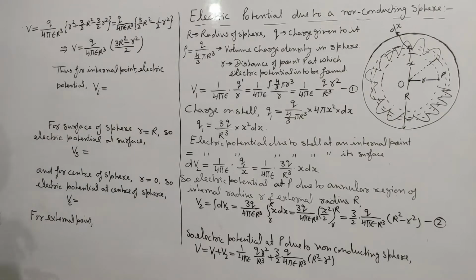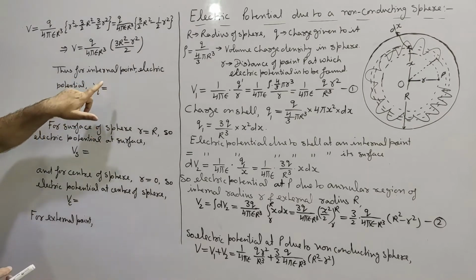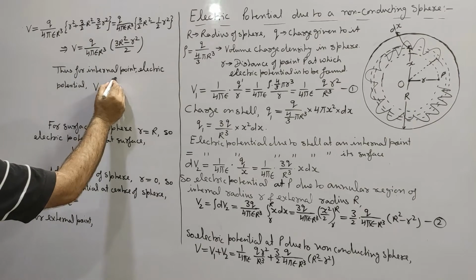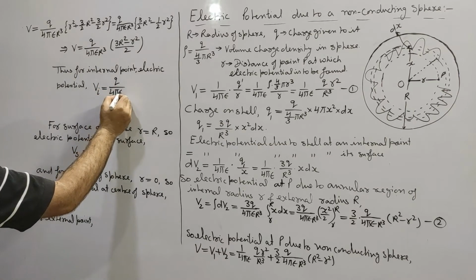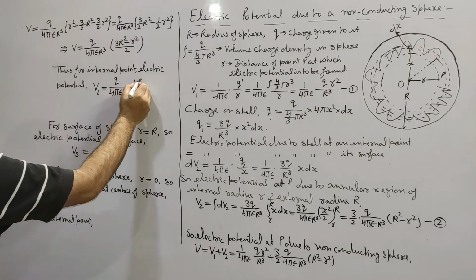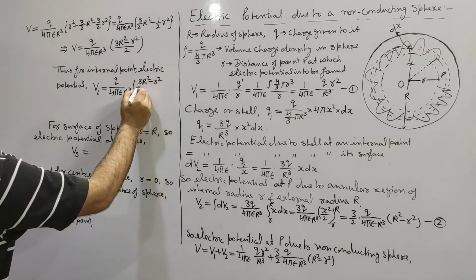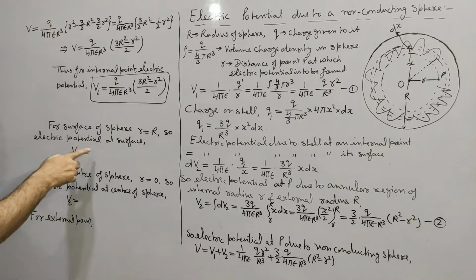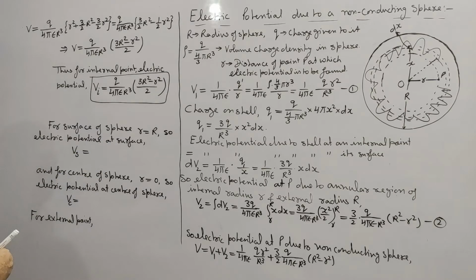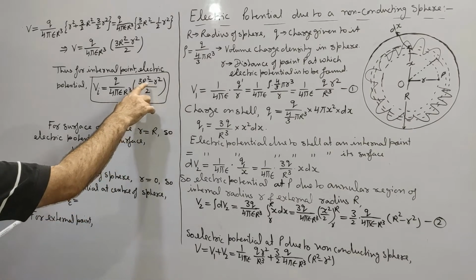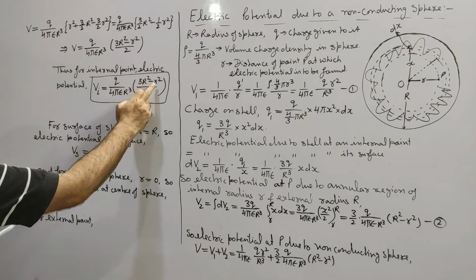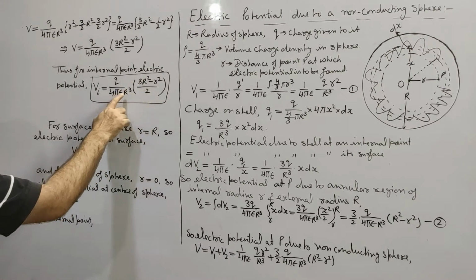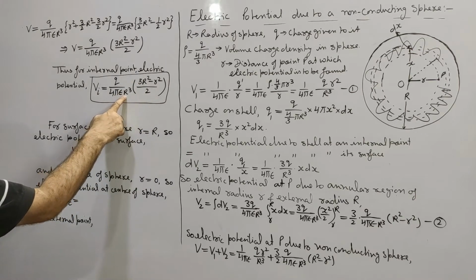So the electric potential at an internal point due to a non-conducting sphere, Vi, can be written as Q upon 4 pi epsilon r cube into 3R square minus r square upon 2. If we come to the surface of this sphere, then for the surface of sphere small r will be equal to capital R. So 3R square minus R square, 2R square divided by 2, that is R square, and R square will cancel 2 powers of R cube.